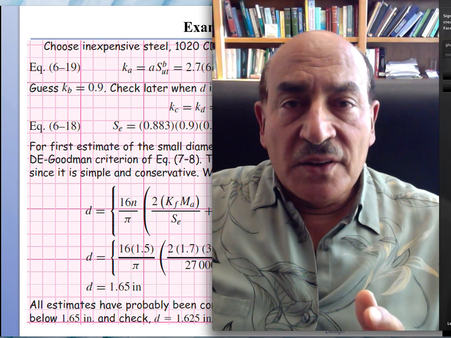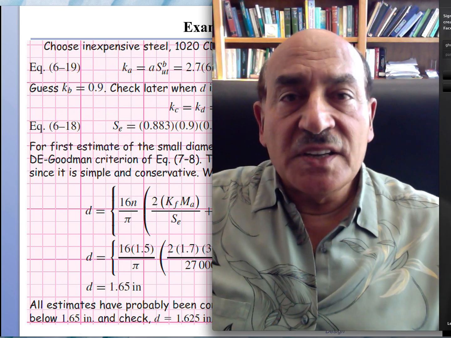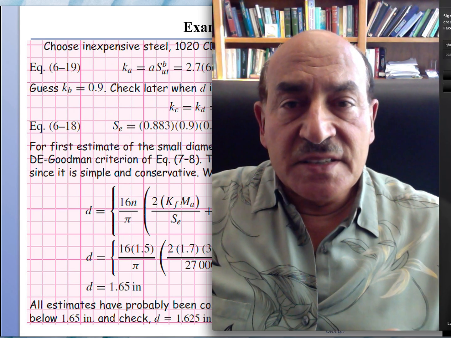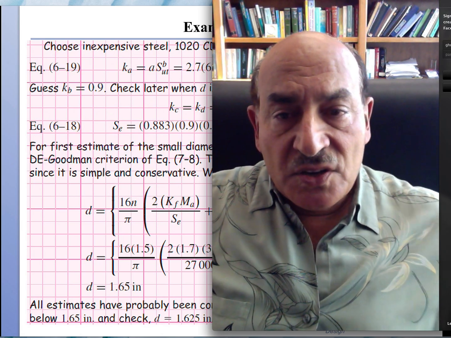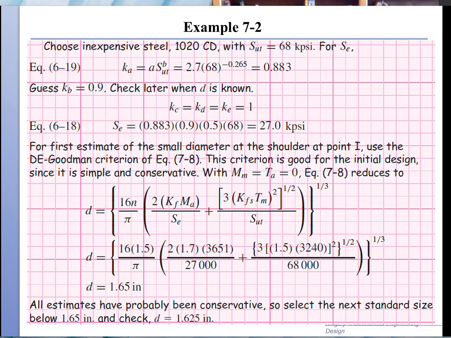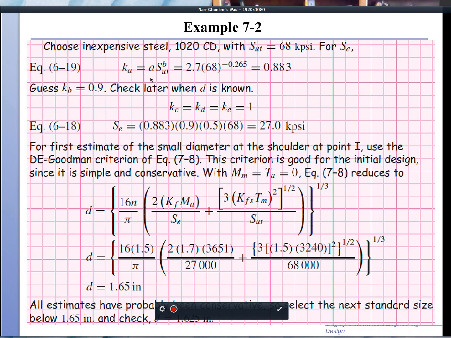We don't know all of these, so we're going to do some estimation and then change as we know more about the size of the shaft. You can see here the correlation we use for one of the Marin factors.